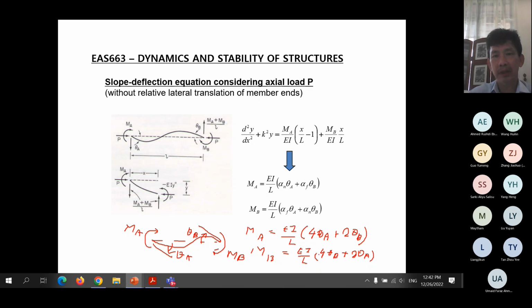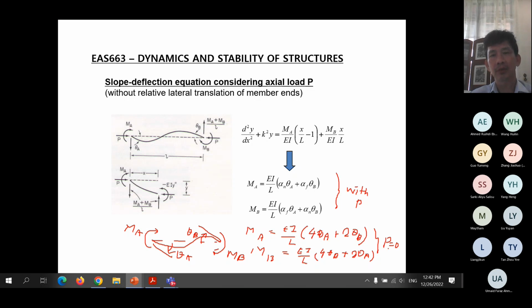So when we compare this equation and this equation, with P and without P, okay, with P, this is consider the effect of P. This is without P, when P is equal to 0. So the normal one that we have learned, and then we have made use of this slope deflection equation in the solving of statically indeterminate problems is given by this set of two equations. And whatever we multiply with theta A and theta B, the coefficient here, they are constant. 4 and 2, 2 and 4 here.